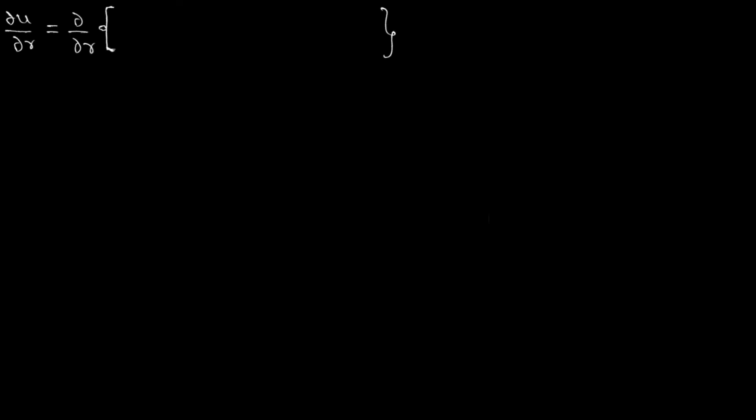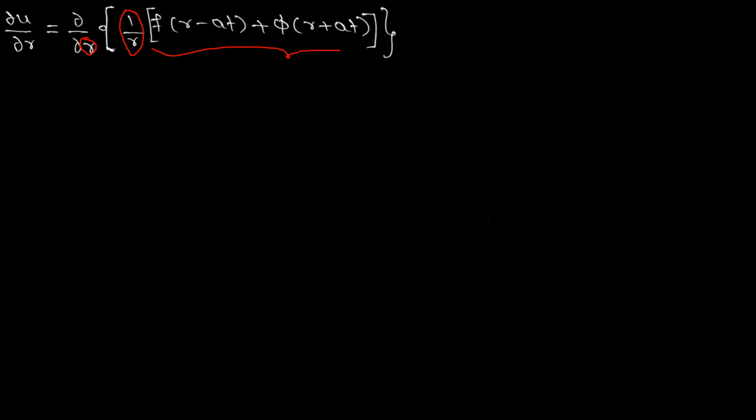Now let us find dou u by dou r. That is dou by dou r of u. Here we need to use the product rule because we are differentiating with respect to r and we have product of two functions of r. This is one function 1 by r and this is another function of r. So we need to use the product rule here.